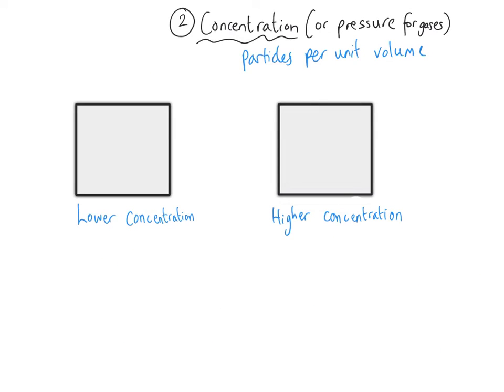Let's move on to have a look at the second factor, which is concentration, or if we're talking about gases, we're talking about pressure. So just a quick reminder, concentration is a measure of the number of particles in a particular volume. And so if we consider a lower concentration on the left-hand side with just maybe 4 particles in there, then we've got a higher concentration on the right-hand side.